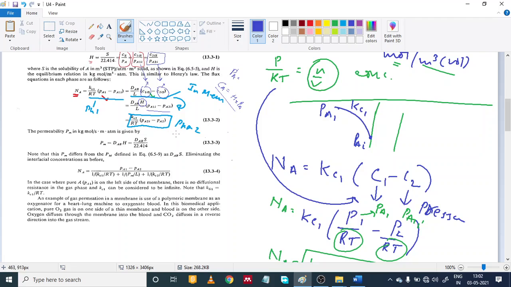One more thing we are going to introduce is the DABH value. The DABH value is represented by the permeability, PM value.